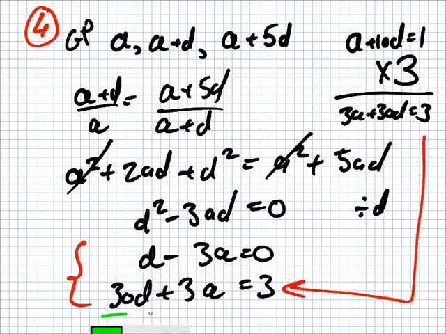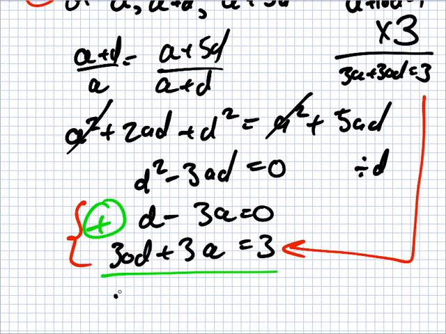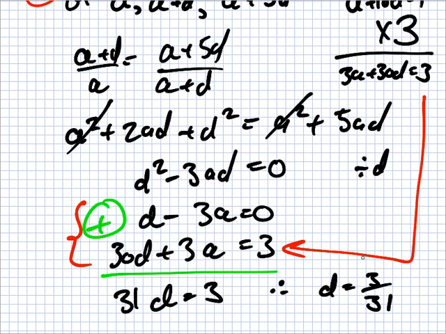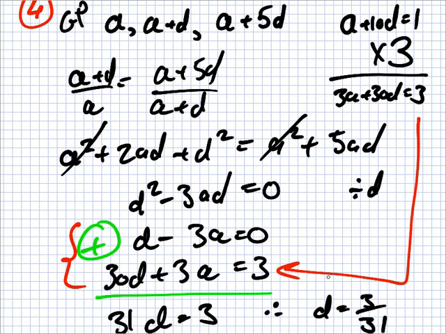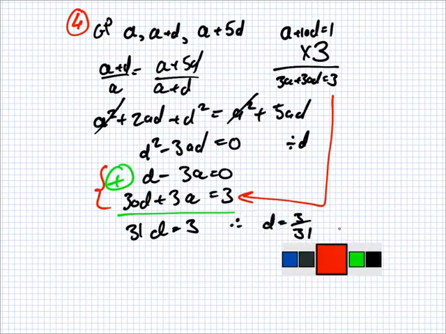Alright, so the best way to solve these two is just to add them together. So I get 31D equals 3. Yeah? So therefore, D equals 3 over 31, and I can put that back into here.